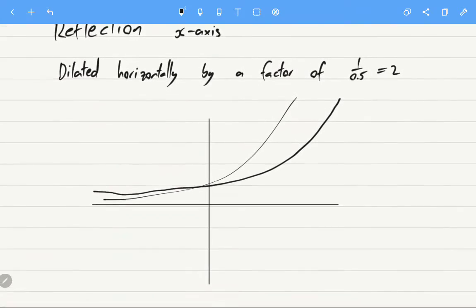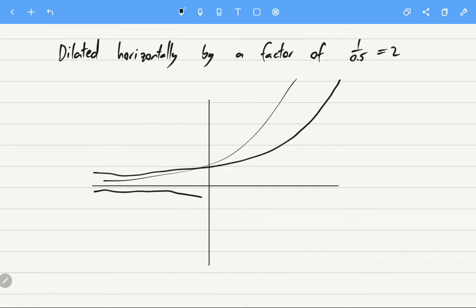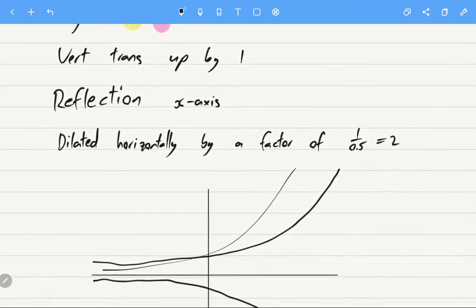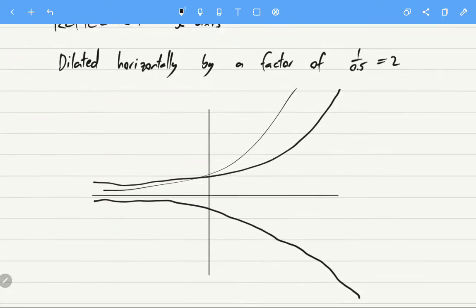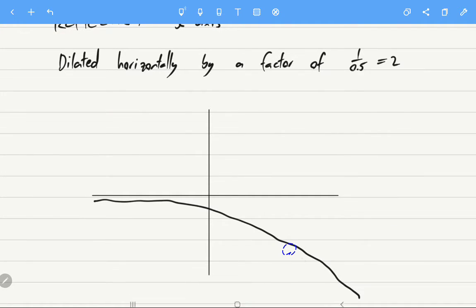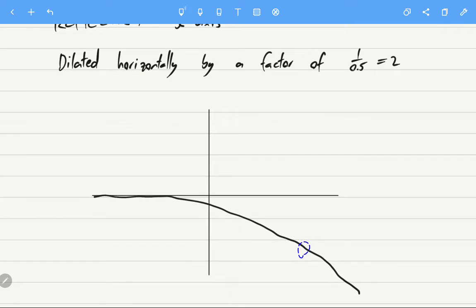Then we're reflecting in the x-axis. Well, that means it's going to be looking like this, mirroring. And then finally, we're going to be vertically translating it up 1, which just means we're going to move the whole thing up 1. So select it and move it up 1.